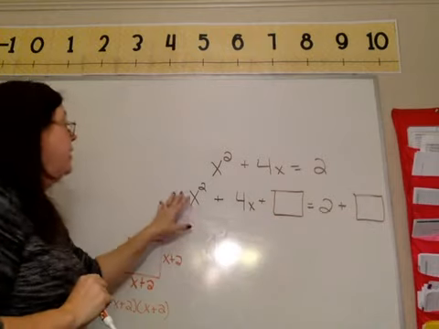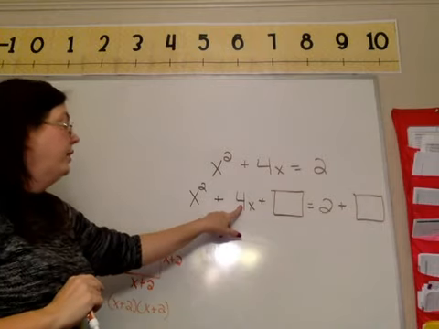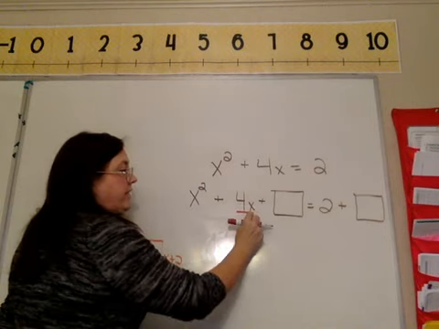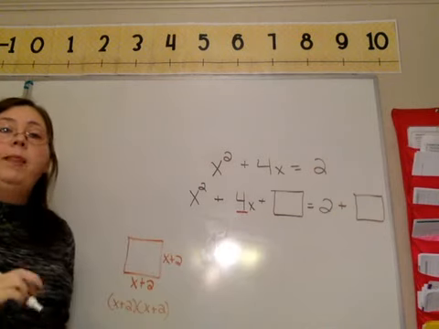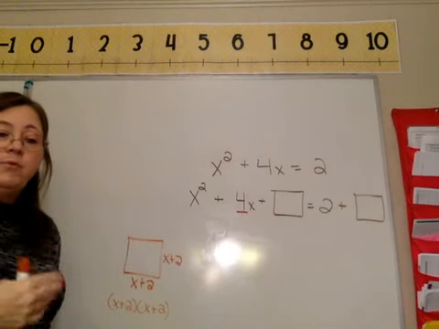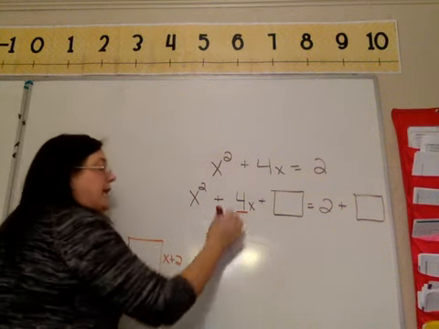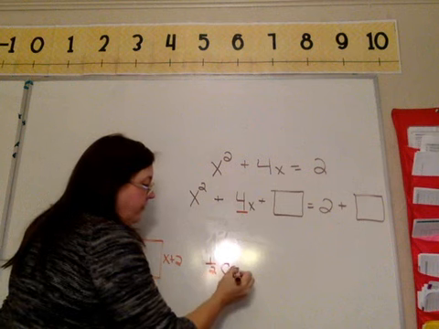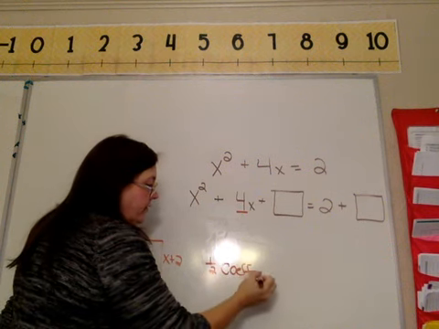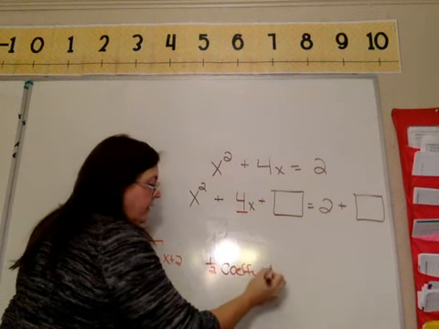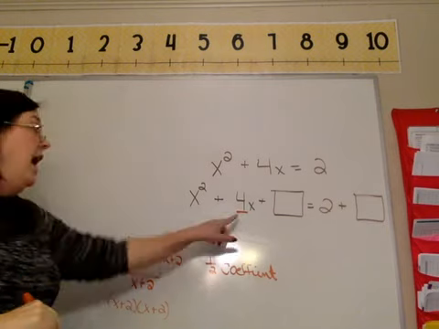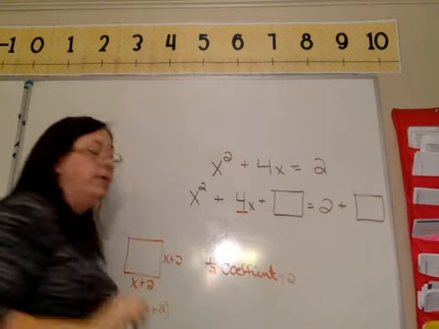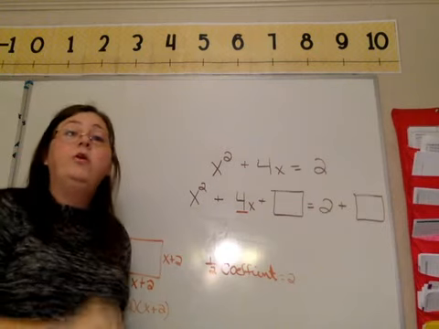Okay? So, to complete this method, you're going to look right here at the coefficient of just the x. And this is on your handout too, a little summary of this. You're going to take half of that coefficient. Half of this coefficient is 2. That 2, you're then going to square it.